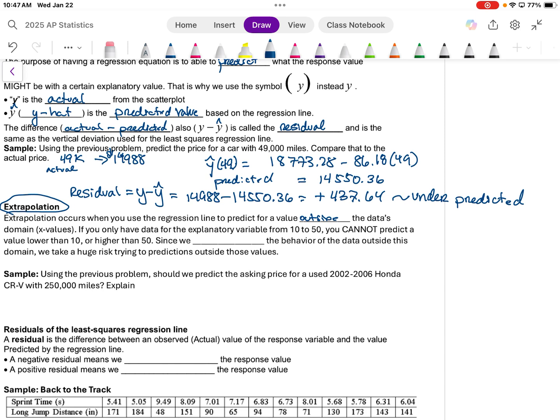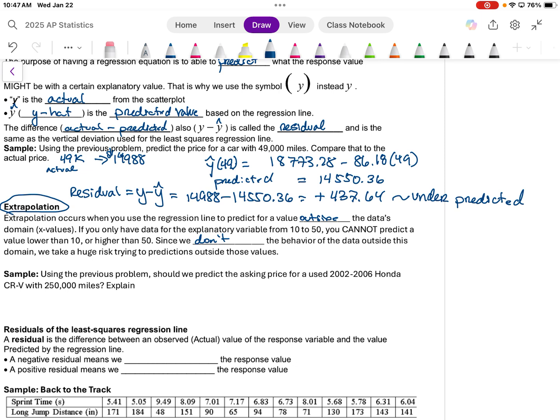If you only have data for an explanatory from 10 to 50, you cannot predict a value lower than 10 or higher than 50, since we don't know the behavior of the data outside the domain. We take a huge risk of trying to make predictions outside those values.